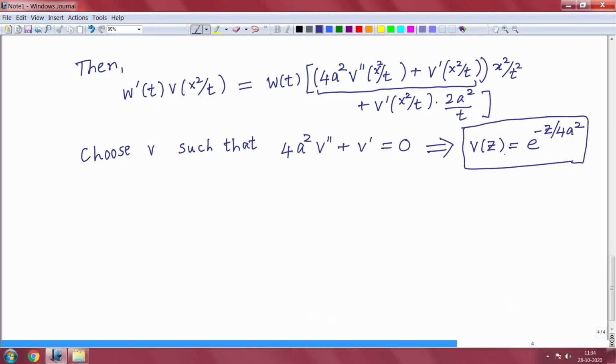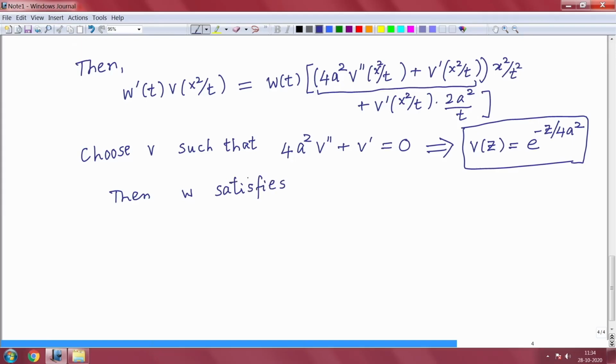And now you plug in this solution v in this thing and you obtain an equation for w prime. So this is gone, and now you differentiate this one and plug in here. So you have to work it out.